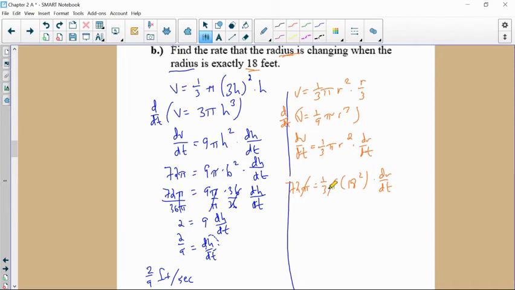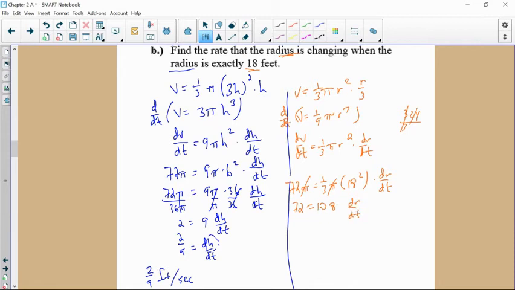Okay, so I know the pi's will cancel, so that's nice. And then I know I have 18 squared, which is 324, and then 1/3 of 324 would be 108. Because if you have 324, 1/3 of it is really easy to divide out, 108. So I get 108 times dr dt.